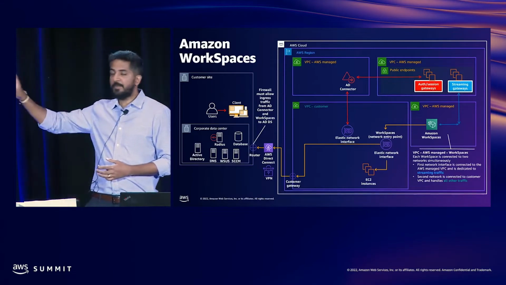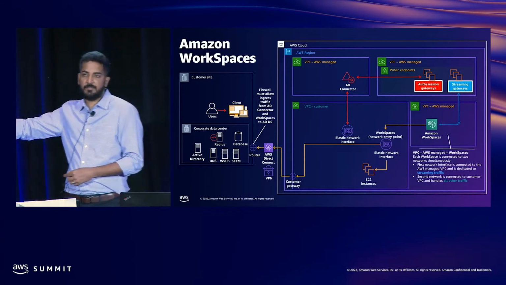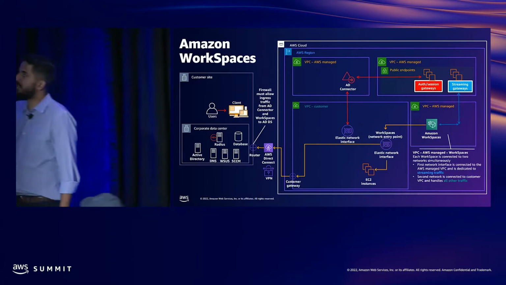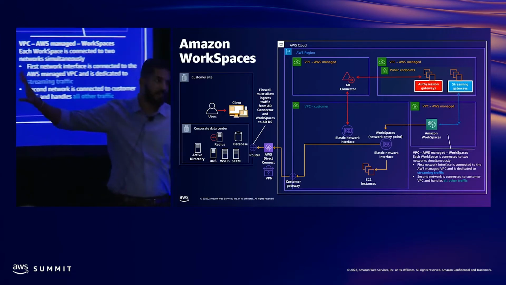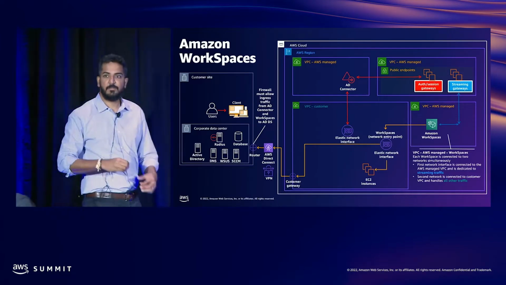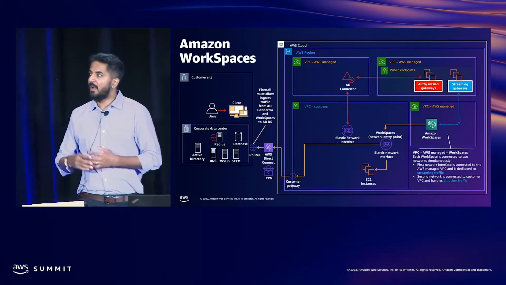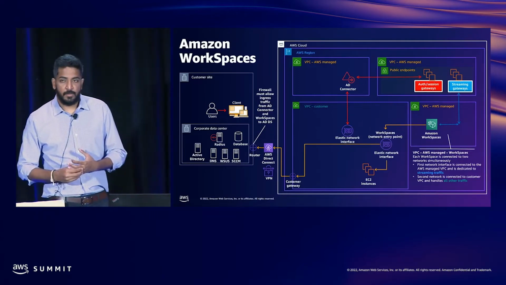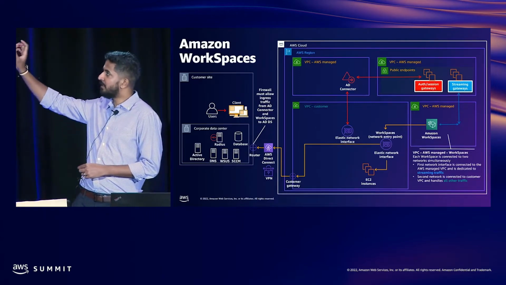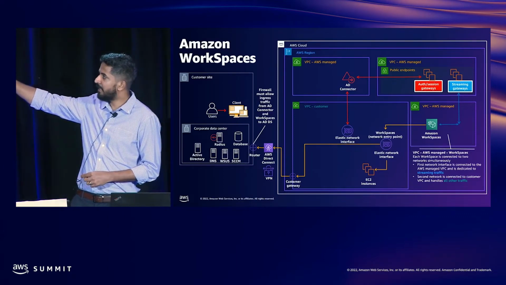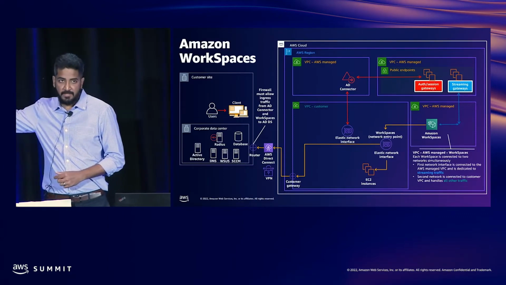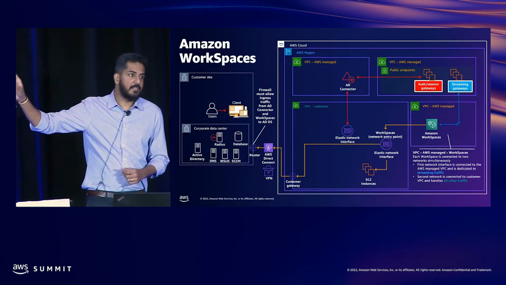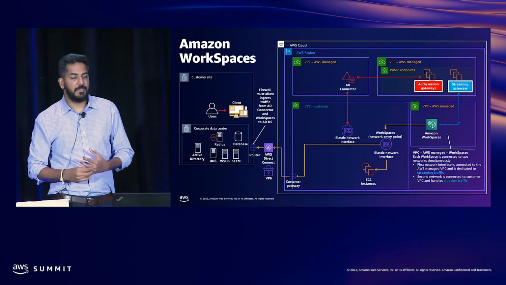And then VPC customer. This is the important component, I would say. The VPC customer is where you are responsible for deploying the connections to the workspaces. The workspaces are deployed in the AWS managed VPC, and then an ENI gets deployed into your customer VPC in two subnets.